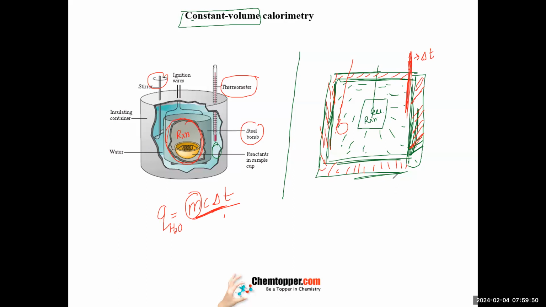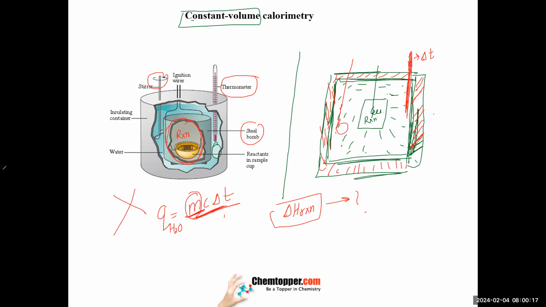When you go in the lab, your teacher will give you this bomb calorimeter: carry out your reaction and calculate delta H of the reaction. But she has given you a bomb calorimeter, no more information. So it means you don't know m.